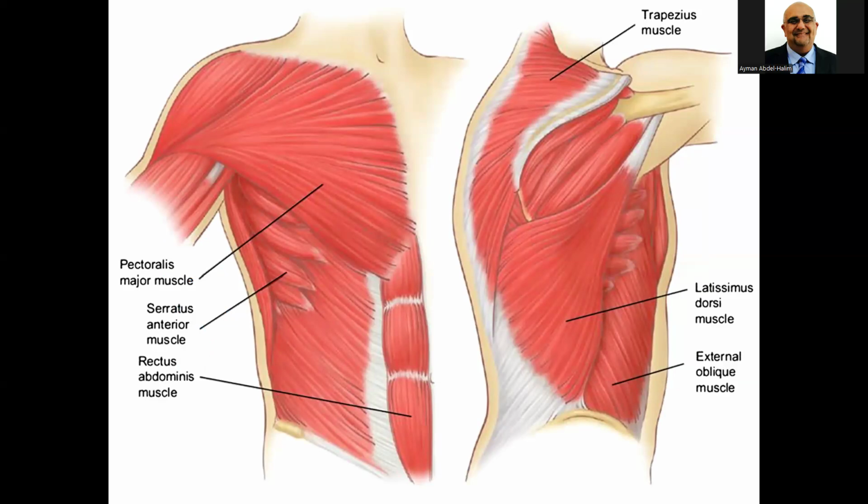Anatomy of the chest wall. Of course, the chest wall is surrounded by very important muscles like the pectoralis major, serratus anterior, latissimus dorsi, trapezius from behind.